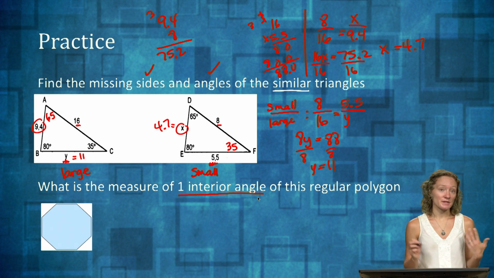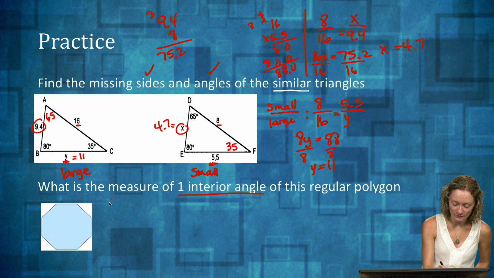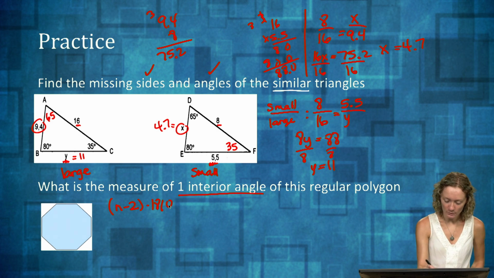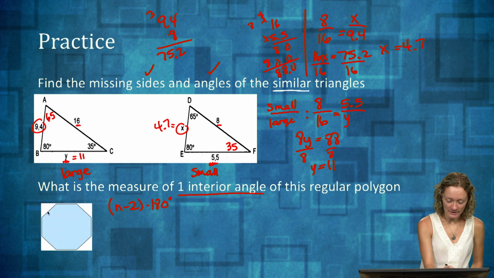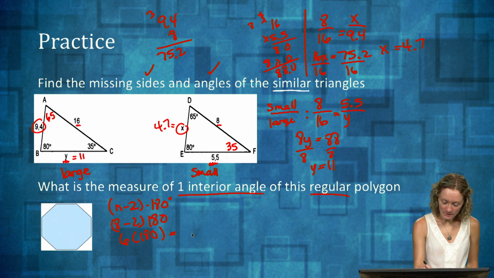So we don't necessarily care about the sum of the measures, but we really have no choice other than to find it first. So remember the formula is n minus 2 times 180. Our n, in this case, we have 8 sides, and we are told that it's a regular polygon, so we can do this. 6 times 180 is 1080.